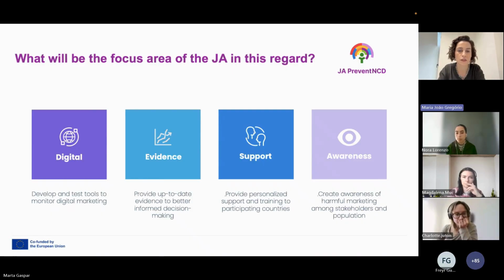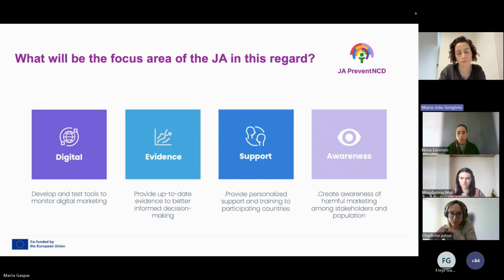Within this joint action, the work on digital marketing focuses on improving Europe's capacity to monitor, to understand, and also to regulate harmful digital marketing. In this context, the joint action aimed to analyze and test tools to monitor digital marketing, including innovative and technology-based approaches to better capture the scale, nature, and dynamics of online harmful marketing.